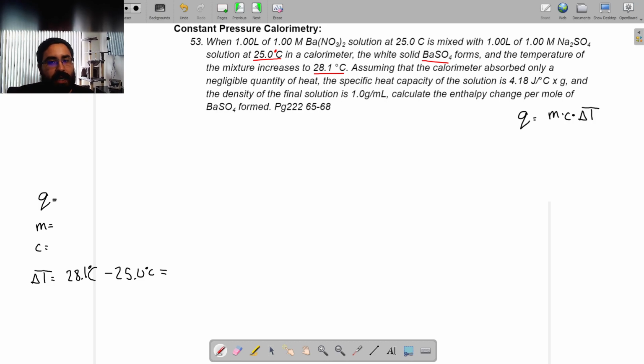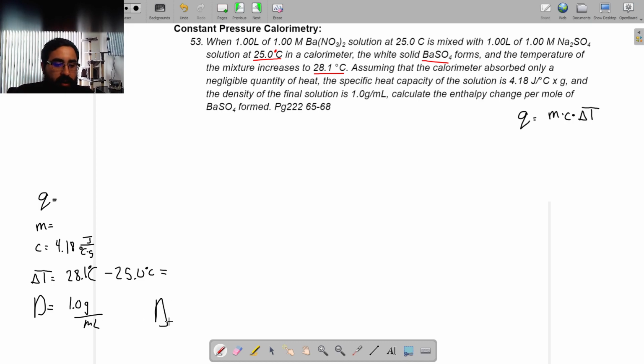The specific heat capacity of the solution, so heat capacity is C, is 4.18 joules per degree Celsius times gram. And then it didn't give us mass, but what it did give us was density. It tells us density is 1.0 grams per milliliter.